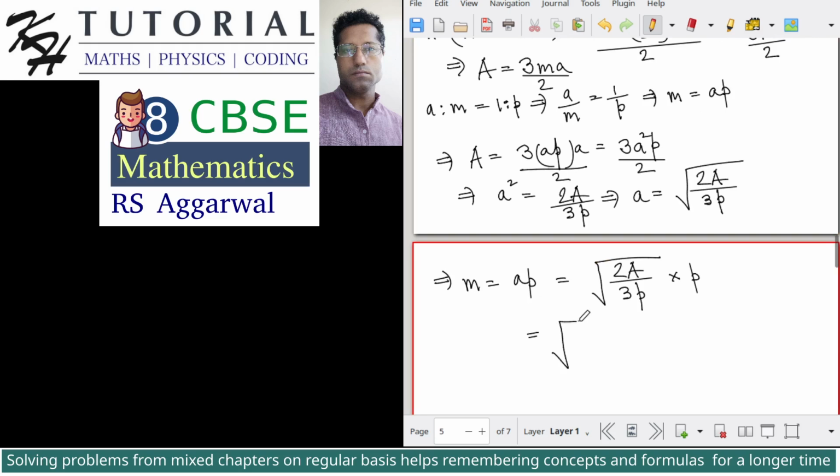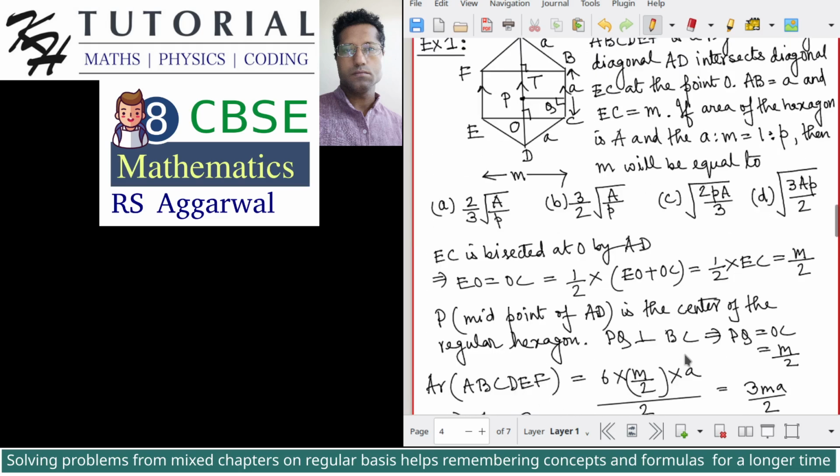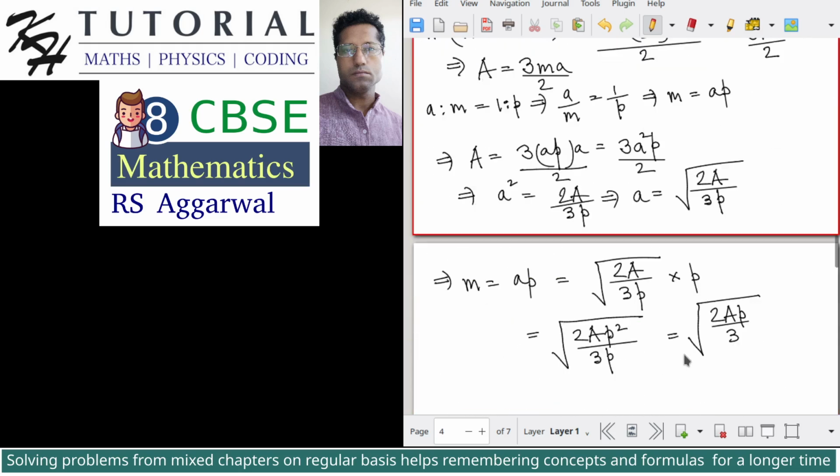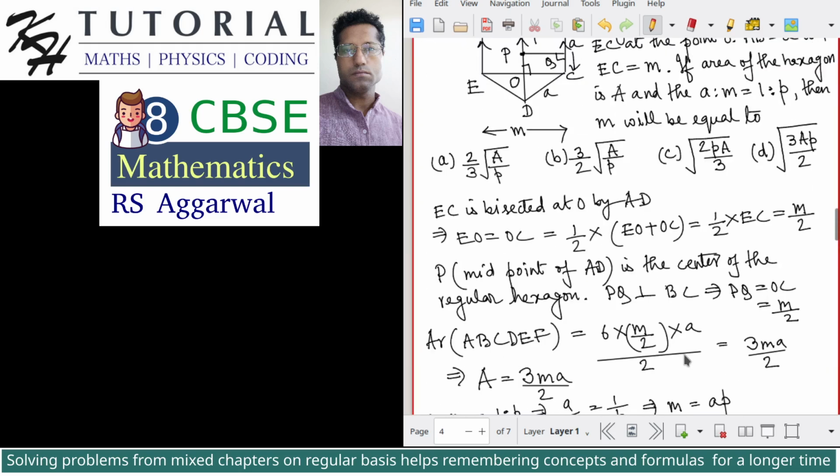So this is equal to twice A p square divided by 3p. So after simplification, twice A p by 3. The square root of twice Ap by 3 should be the value of m. So the correct answer is choice C.